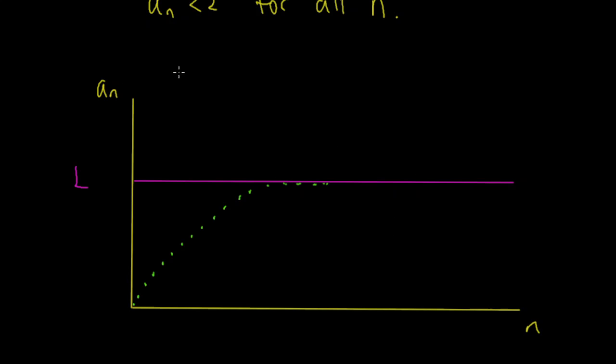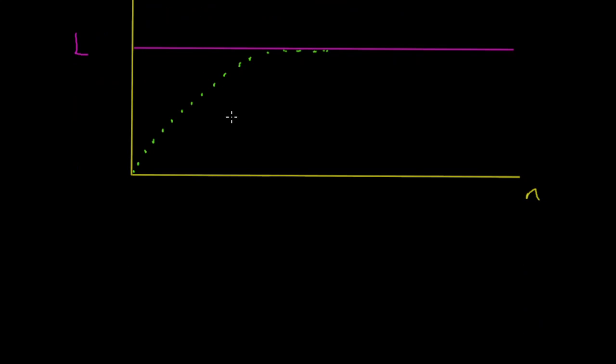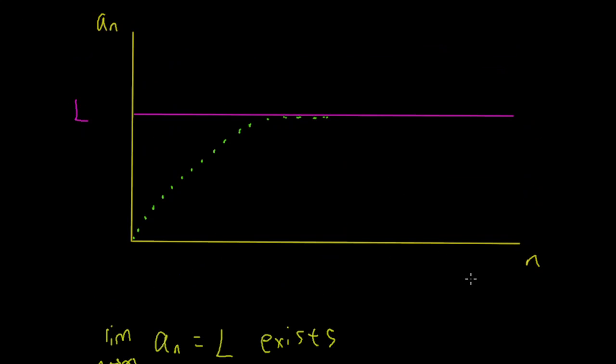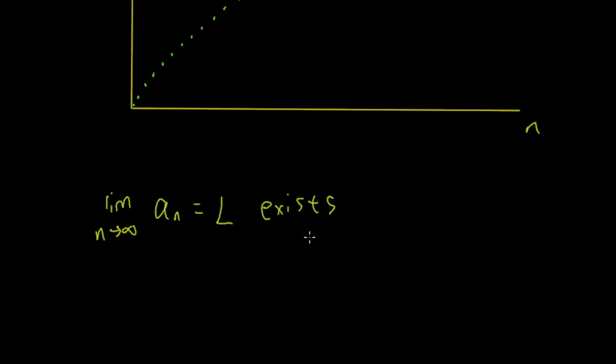Okay, so what does that mean? Well, that proves that if those two statements are true, then we can say that limit as n approaches infinity of a sub n is equal to L exists, right? Because when the sequence is bounded and is increasing, it must be approaching a value. So L exists.